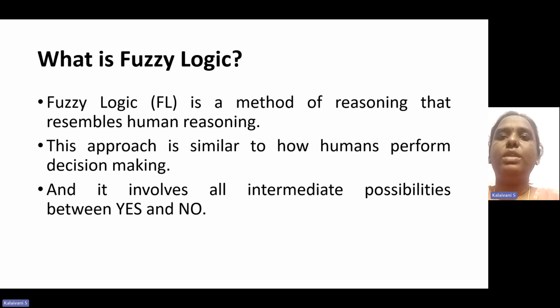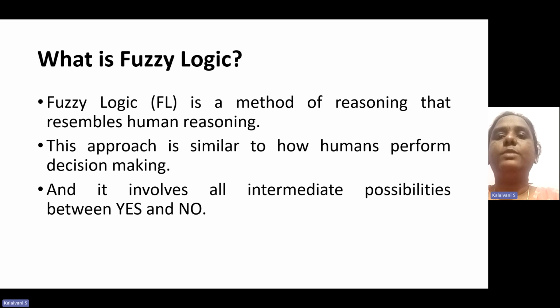But there are so many intermediate values that lie between 0 and 1, like 0.24, 0.4, 0.8, 0.9, 0.95. So many possible values lie between 0 and 1. In order to address those values, to find the truthness and exactness of them, and to avoid the vagueness of those values, we go for this fuzzy logic.